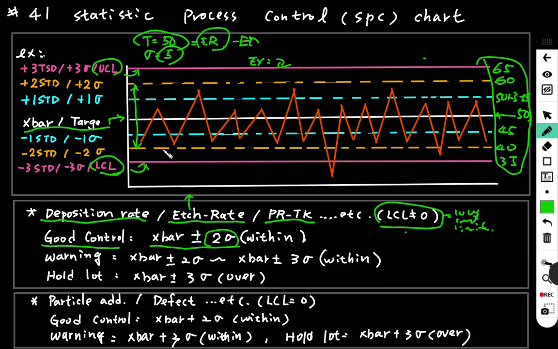So you can see, if we have the monitor point values, for example this value within 2 sigma, and this point within 1 sigma, also within 2 sigma, this point within positive and negative 2 sigma, it's a good control.